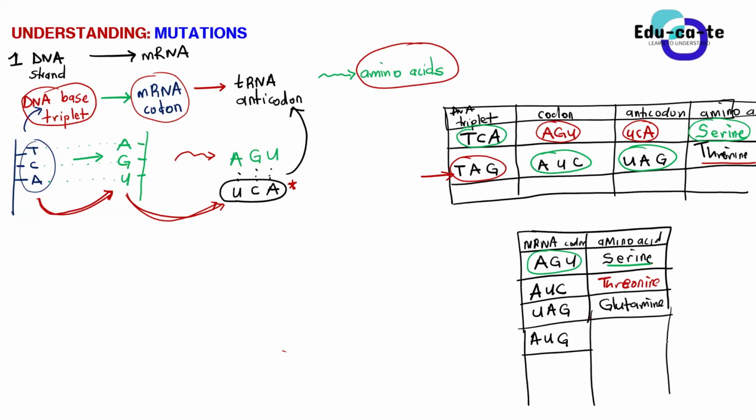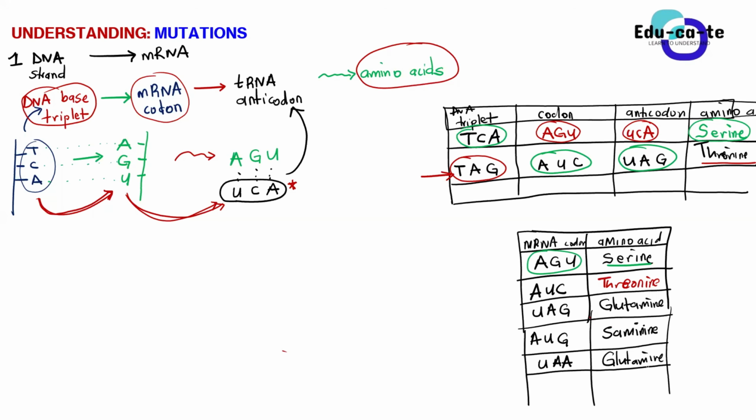This one, let's say it codes for seminine. I don't know if this amino acid exists. I'm naming it after Sam. AUG codes for seminine. And then let's say we've got UAA. Let's say this one also codes for glutamine. Okay, I think this one will do.